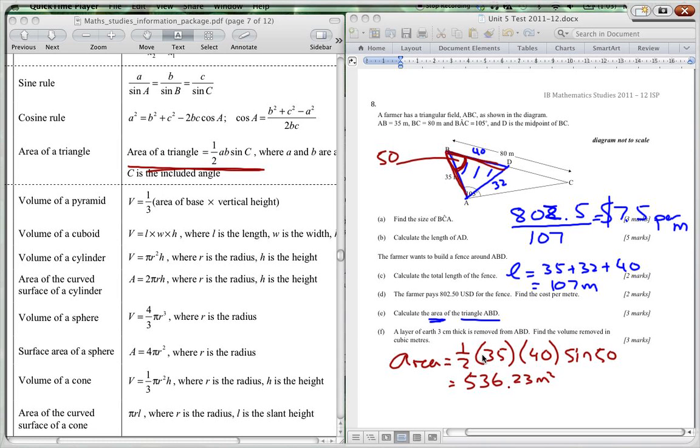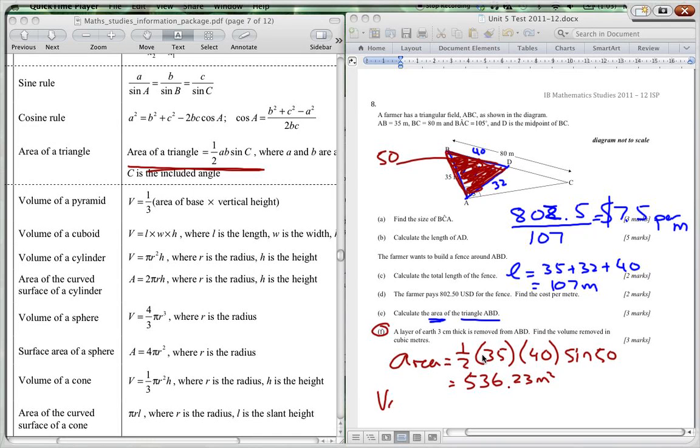Then in F, it says a layer of earth 3 centimeters thick is removed from ABD. Find the volume removed in cubic meters. So from this whole surface area, they're going to remove a small amount of 3 centimeters. That's actually going to be a prism, because it will also have a height of 3 centimeters, and we want to find the volume.